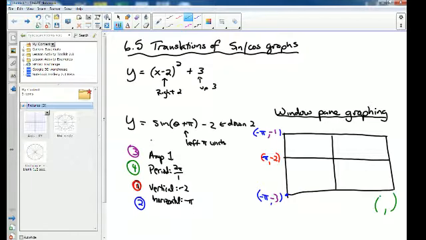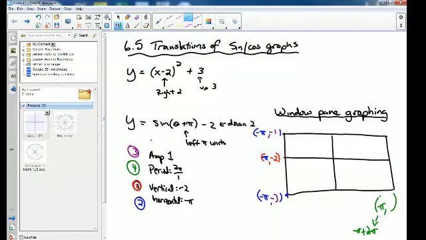The x value starts at negative pi plus 2 pi. So that is negative pi plus 2 pi. Negative 1 plus 2. It's positive 1.